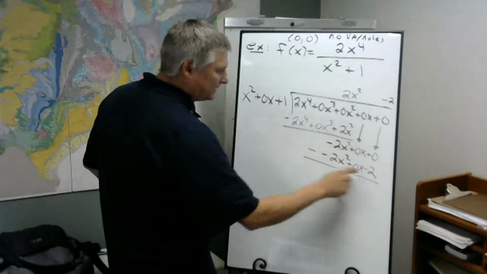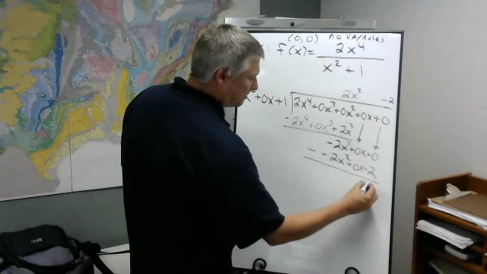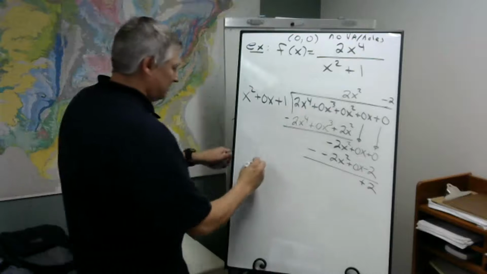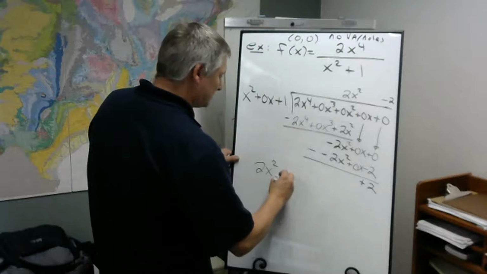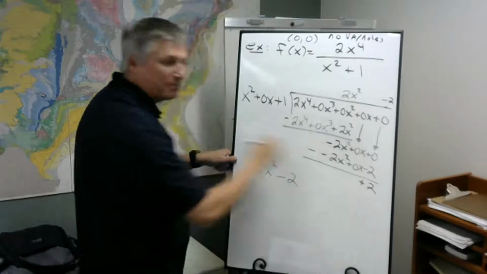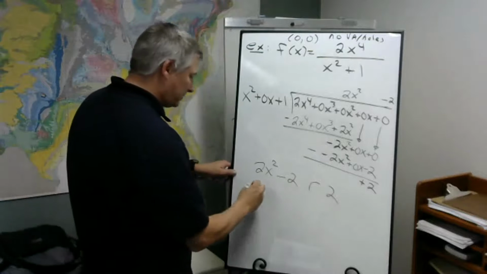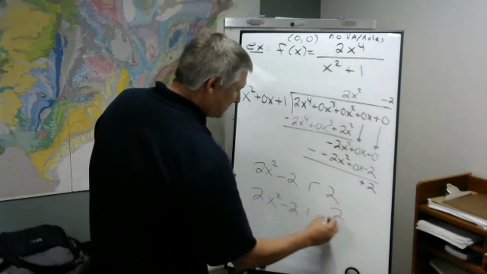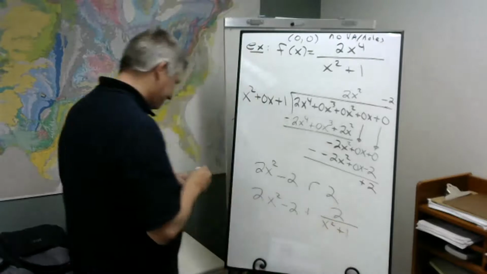But then 0 minus a negative 2, that's a double negative. So this becomes plus 2. So what we get is 2x squared minus 2, and then we have a remainder 2. Or 2x squared minus 2 plus 2 over our divisor, which was x squared plus 1.